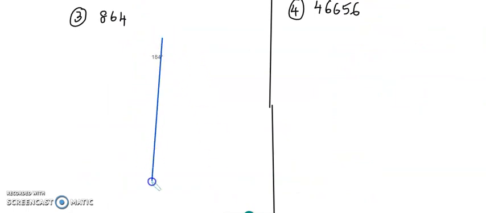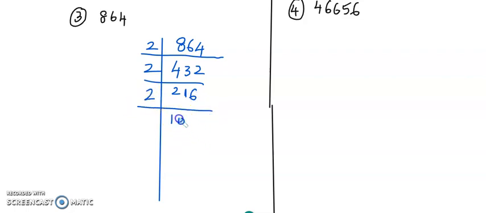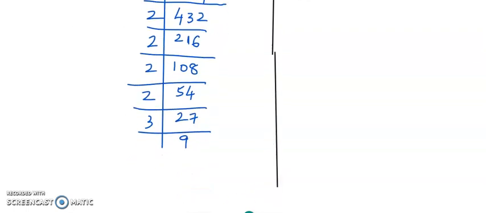864. Right? Okay, let's do 864. 2s are 432, again 2s are 216, 2s are 108, again 2, 54, 2, 27, 3, 9, 3, 3, 3 and 1.